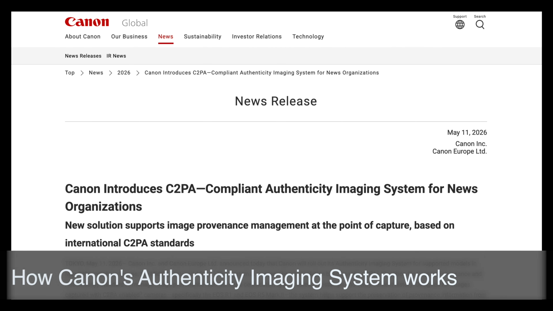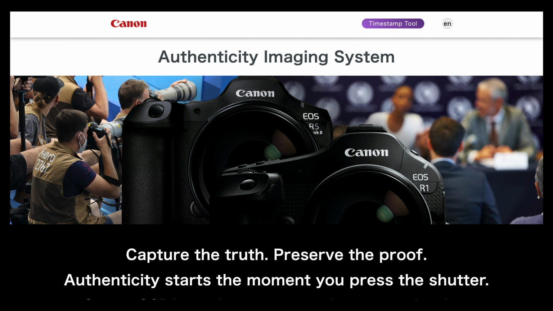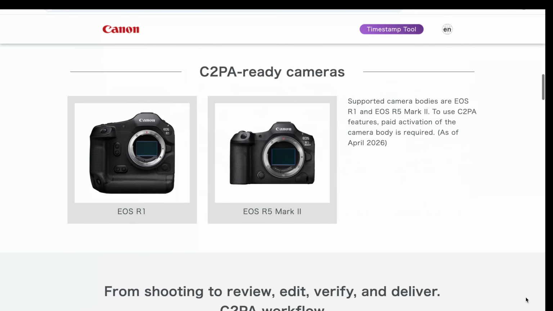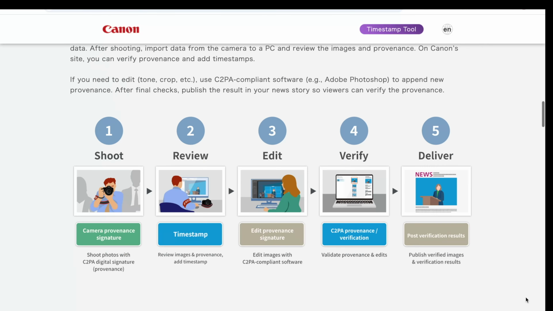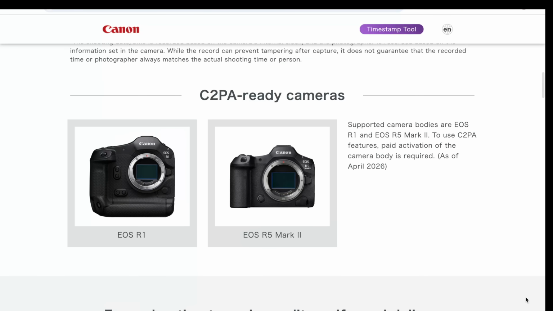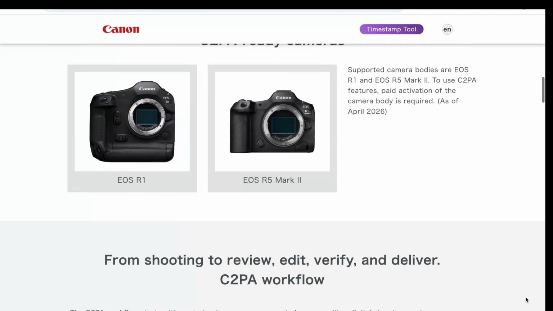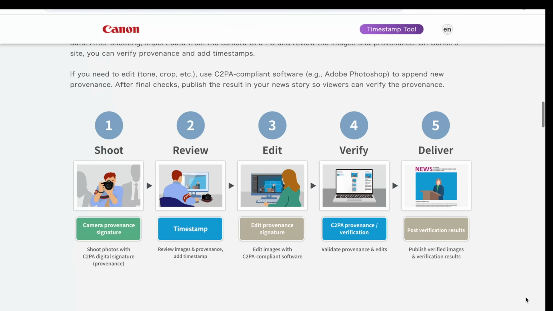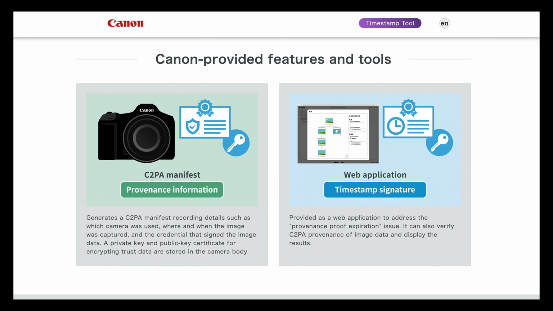Going back to Canon, recently it introduced the authenticity imaging system. We already mentioned that. At this stage, a couple of months after it was announced, it's available only for R1 and R5 Mark II, and it's basically limited to huge news organizations. You have two stages. First, you should be able to prove that the photo was taken by the camera as such.